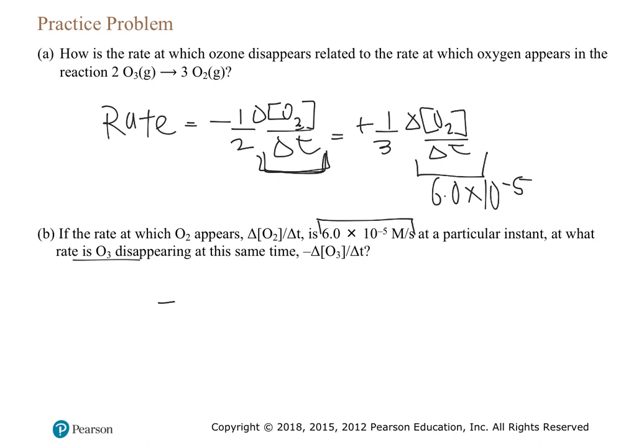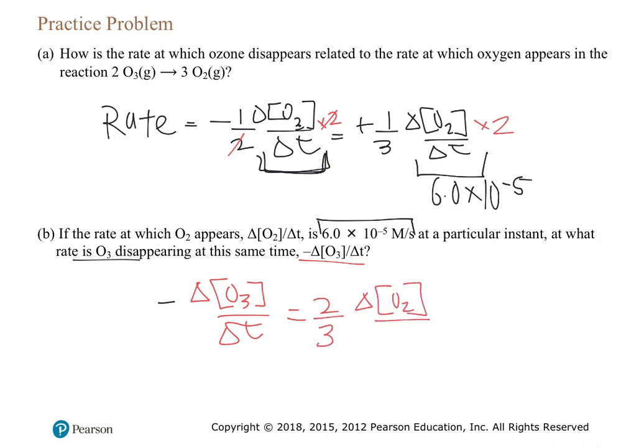So I'm going to multiply both sides by 2 to cancel out that 2 and get this part by itself. So what I get is a negative change in ozone over time equals 2/3 change in oxygen over time. And since this number is 6 times 10 to the negative 5, I'll multiply that by 2/3, and what I get is 4.0 times 10 to the negative 5 molar per second.